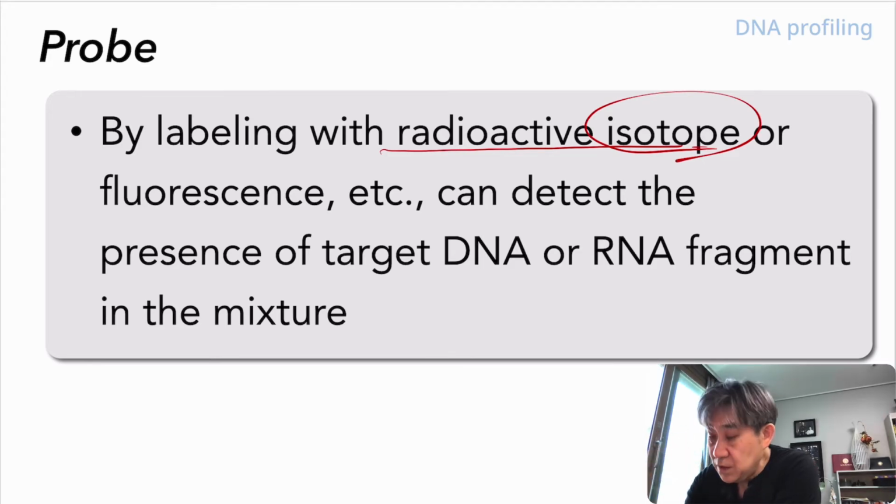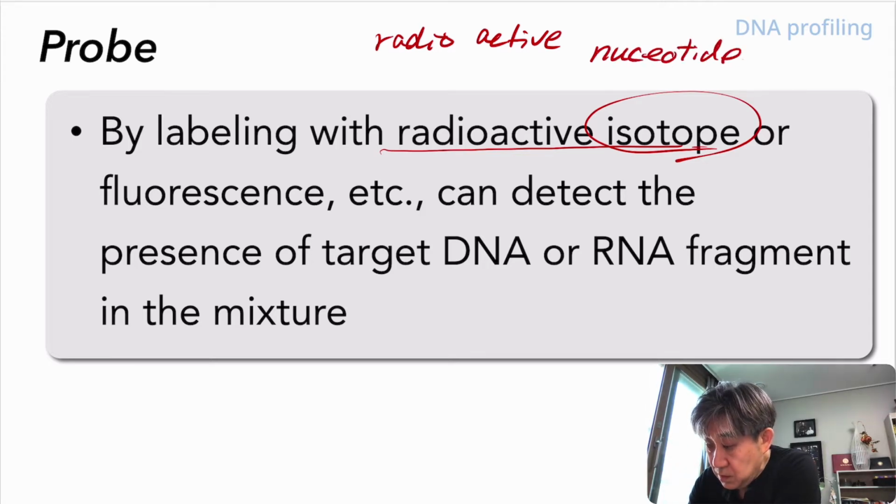You can use the radioactive nucleotide. Then your probe DNA fragment will be a hot radioactive DNA fragment that can be easily detected by some instrument.